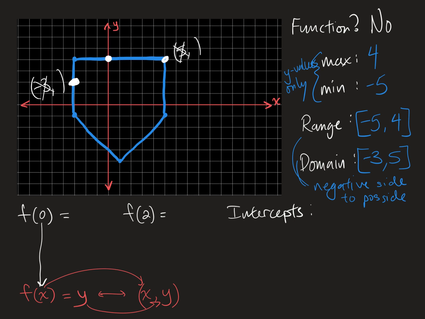And so when you find a point on the graph with an x value of 0, the y value that is associated with it will be your answer. And you can see that down here, x comma y would be 0 comma 4. Yep, that is an ordered pair that's on the graph. But it's not the only one.